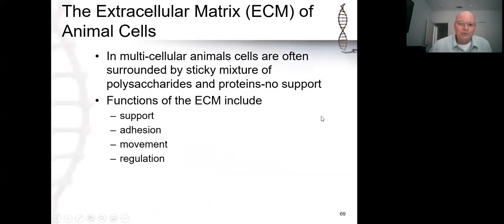In the case of animal cells, there's no cell wall around them, but there is a structural feature around the outside of an animal cell, and it's called an extracellular matrix, or ECM.